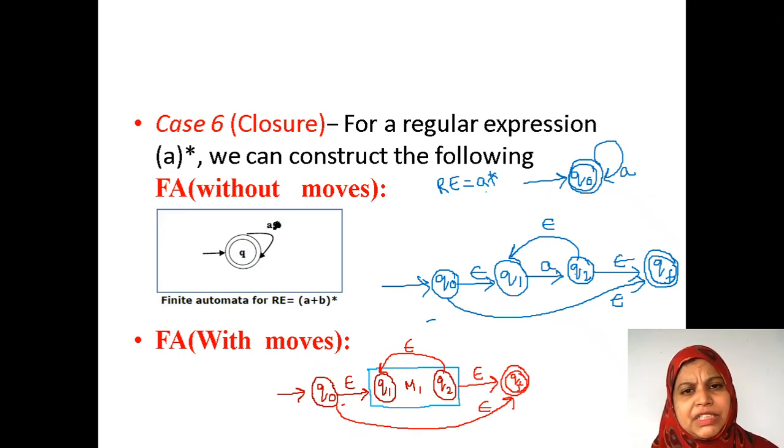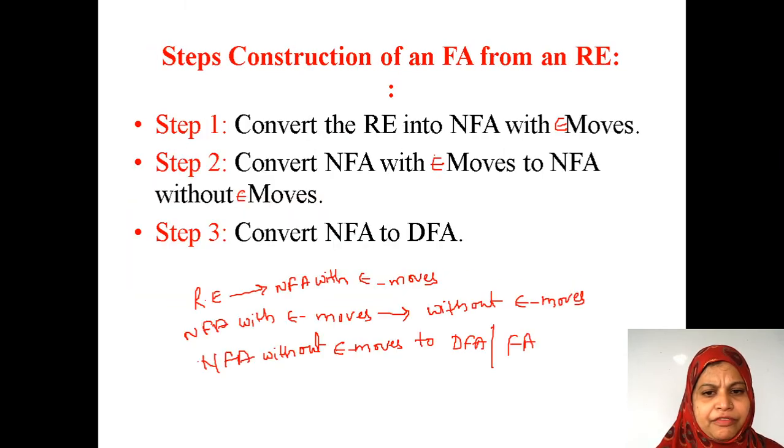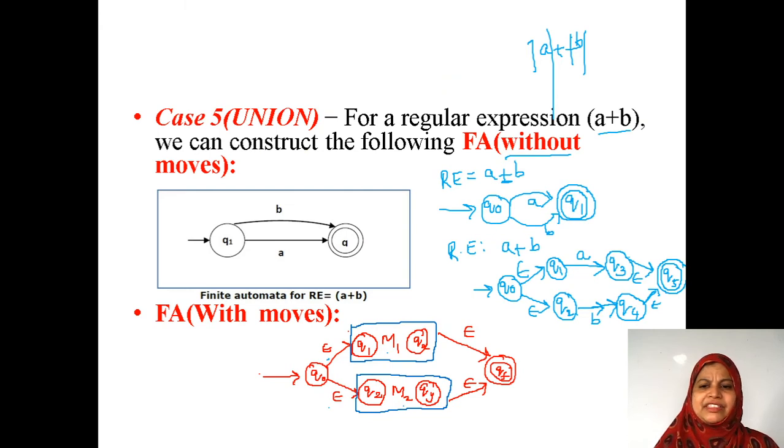Now while we are going to convert this regular expression to finite automata, three steps are there. What is the first step? First step is convert the regular expression into NFA with epsilon moves. Next step is convert this NFA with epsilon moves to without epsilon moves. Then convert this NFA to DFA. But in these examples I am giving this directly, for your convenience.